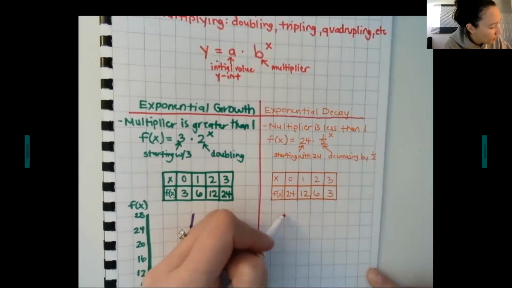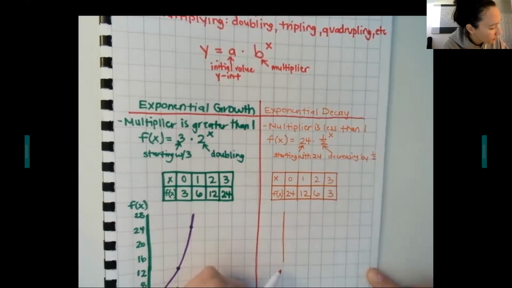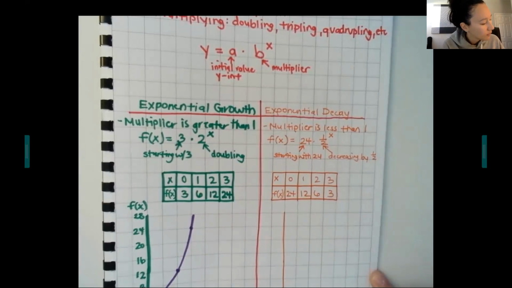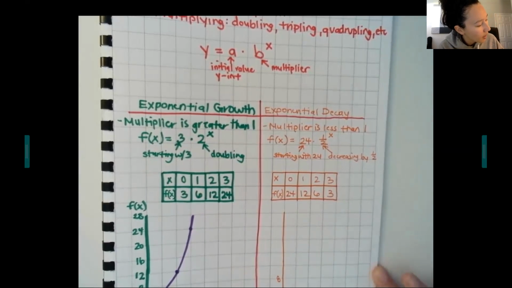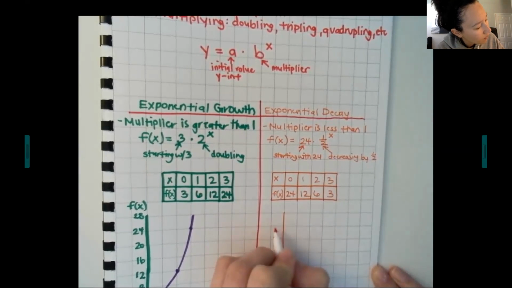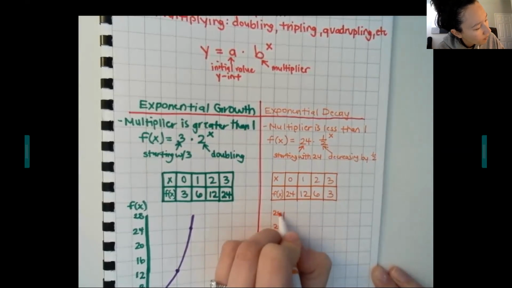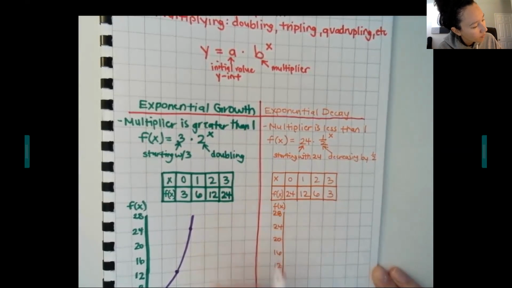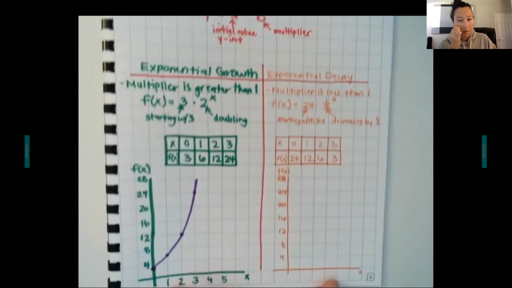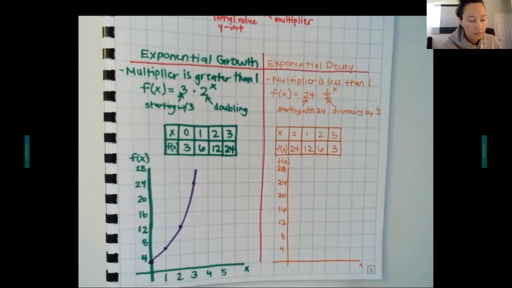And then we'll go ahead and graph it. And we'll scale the y again by 4s, and then the x-axis just by 1s.